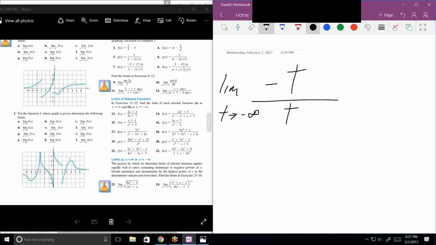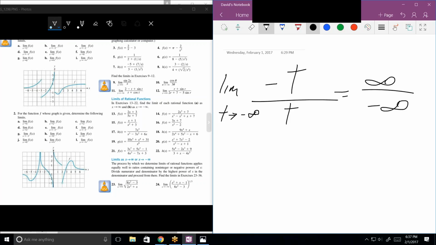Hold on a minute. Let me think for a second. Well, it's the ratio of the coefficients, right? In other words, let's see. If I do direct substitution, I get positive infinity divided by negative infinity. Well, that's kind of indeterminate. Do you have answers on these? Only for the odds. Well, that's an odd, 11.